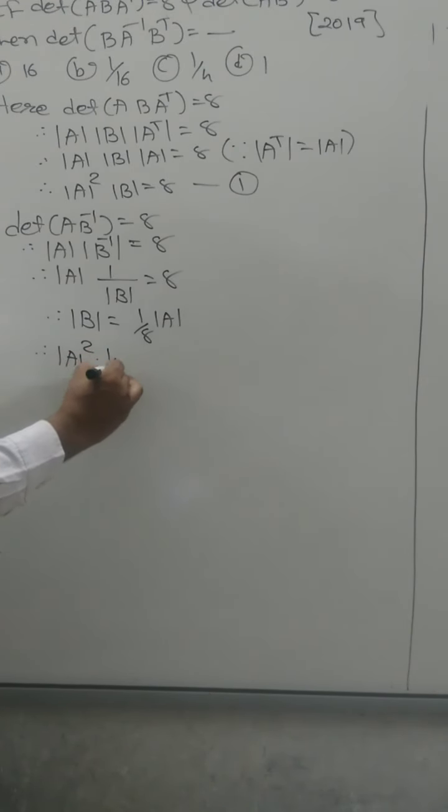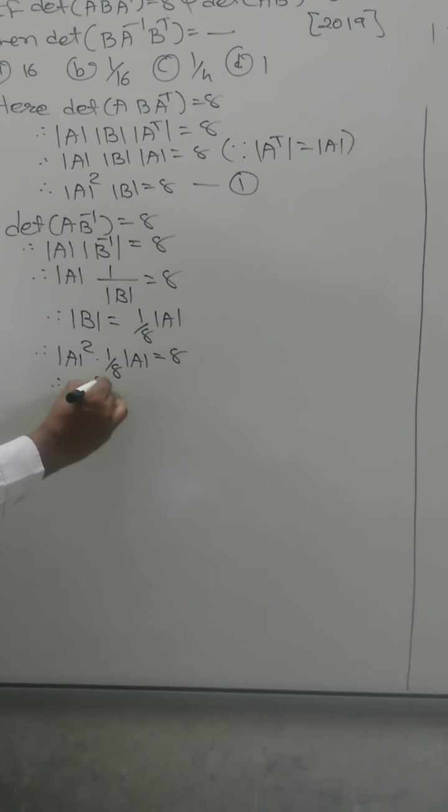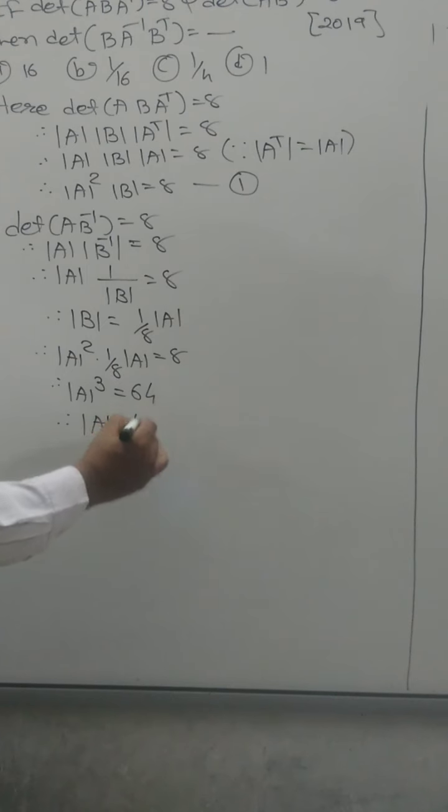From here, we put this value into result 1: determinant of A squared into 1/(8 determinant of A) equals 8. Therefore determinant of A cubed is equal to 64. Now if determinant of A cubed is 64, then determinant of A equals 4.